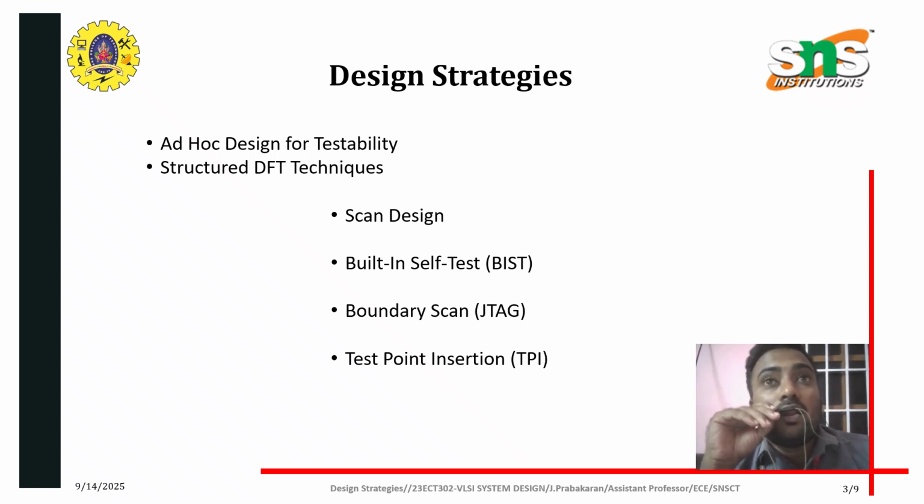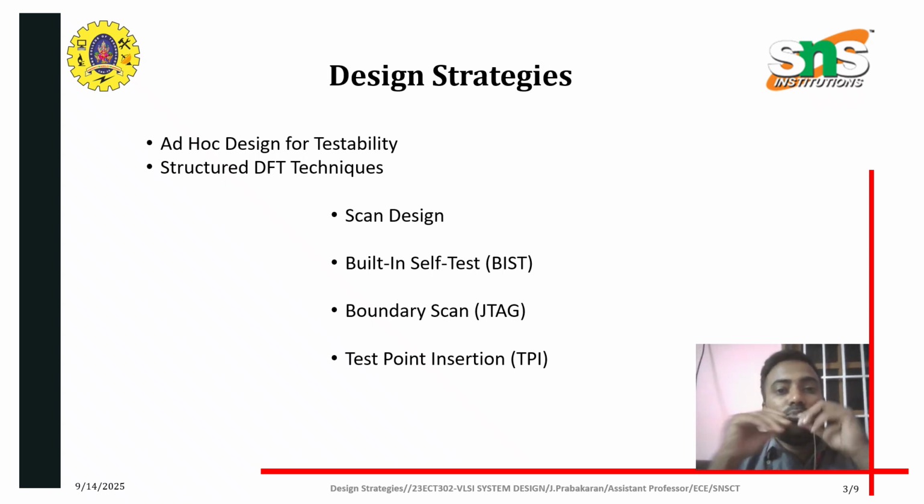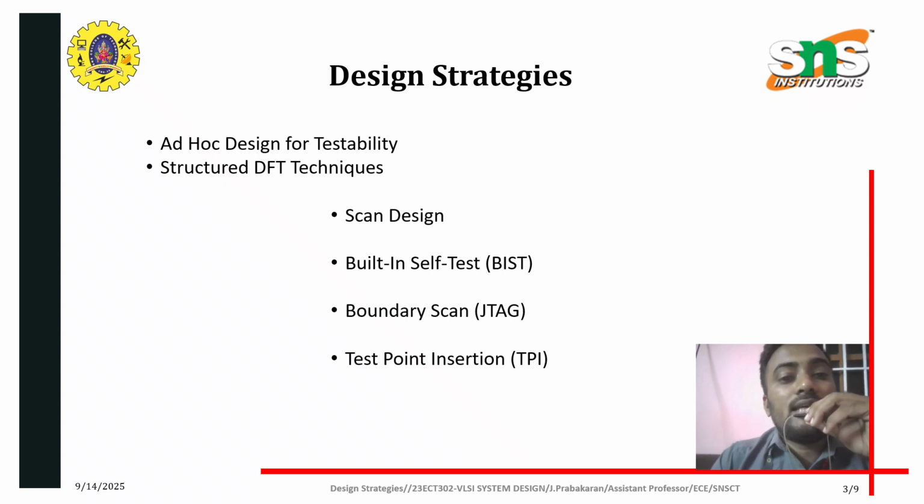So for a large circuit, we have to partition it into smaller ones, and then do ad hoc testing for each and every partitioned circuit. The small design modifications to improve testability are, for example, adding test points, providing extra control signals, and multiplexing input pins for test access.